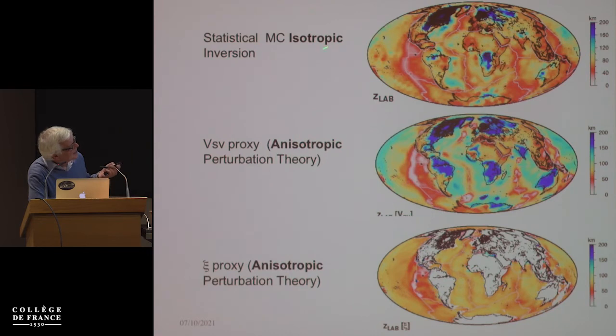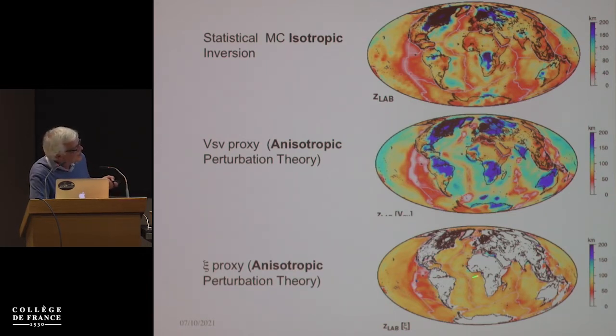And it means that it's important, and it was emphasized many years ago, for example, by Don Anderson, that when you do an isotropic inversion and an anisotropic inversion, of course, you will change the depth of discontinuity of the lab, and you will affect the seismic profiles.